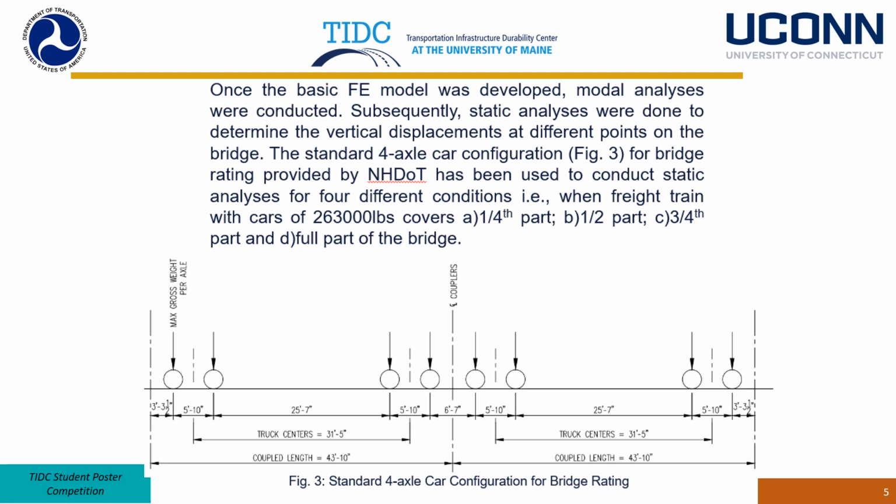And for that, we conducted static analysis for 4 different conditions. The first condition is when the freight train with cars of 263,000 pounds covers 1/4 part. The second case is half of the bridge fully covered by the freight train, and case C is 3/4 of the bridge covered by the train, and the final one is the bridge fully covered by the freight train.